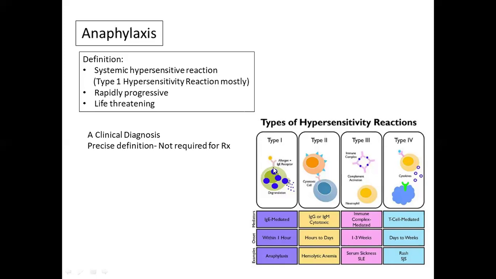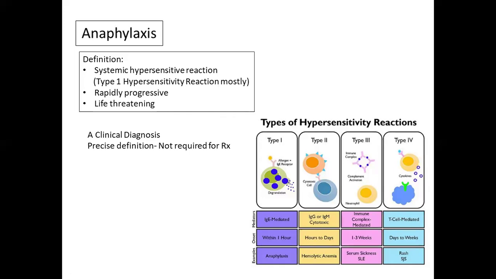So mostly it is IgE mediated, but in some instances you don't get any IgE-mediated reaction in anaphylaxis. For example, radiological contrast medium allergy. You have never had radiological contrast medium before, but the first time it is injected, you get anaphylaxis. What is the mechanism?